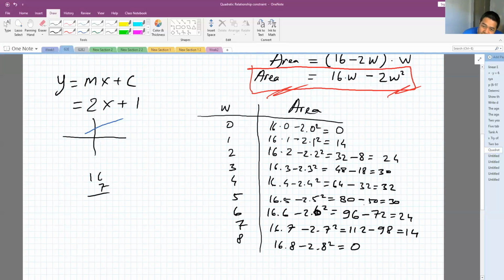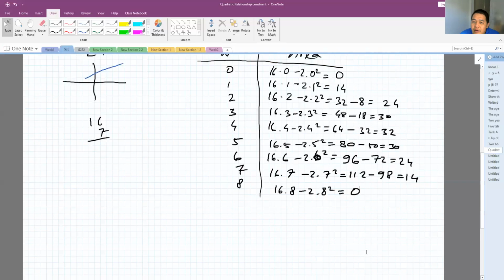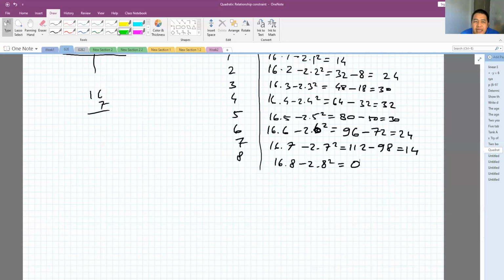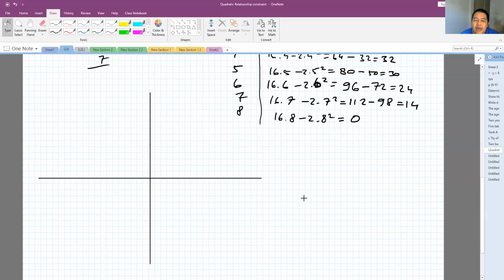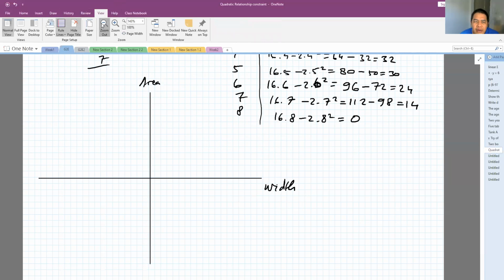Now, based on this table, we can now make a graph of this quadratic relationship. So, for example, we have now a graph of the value of the width and the area. Yes. So let me now zoom up a bit.